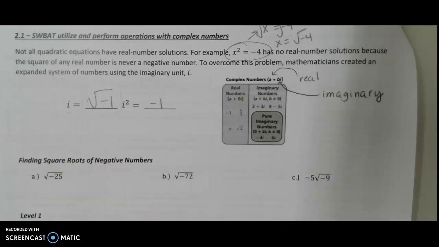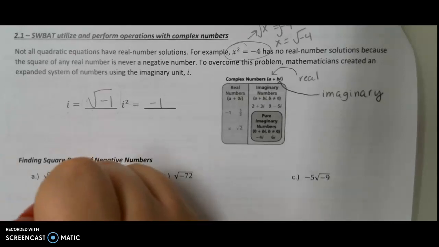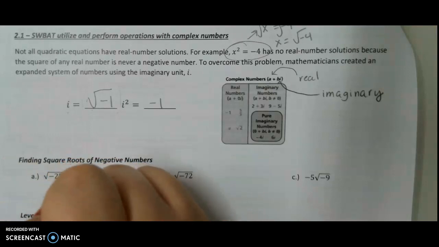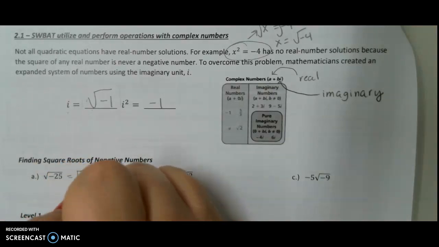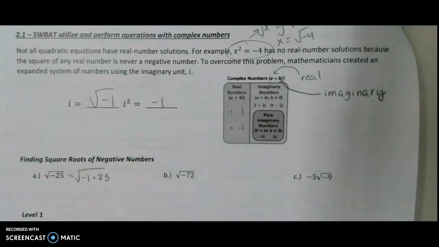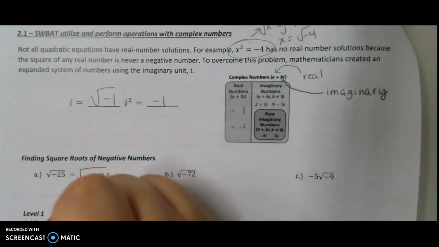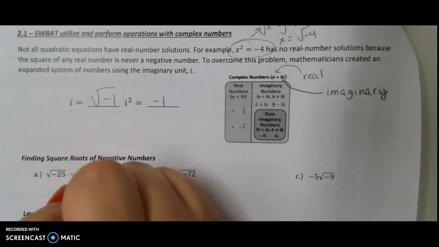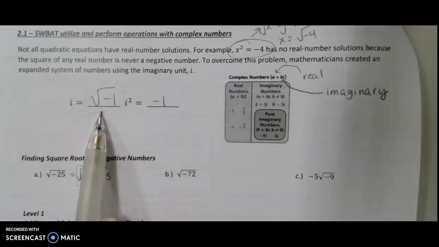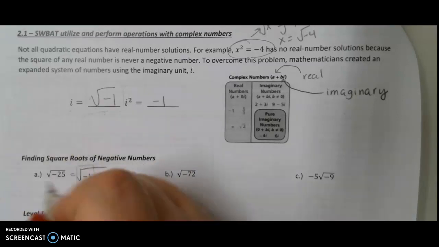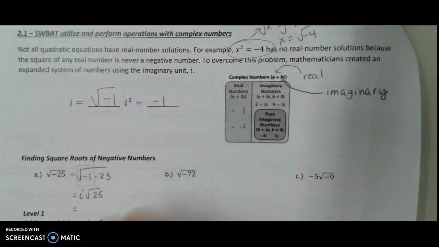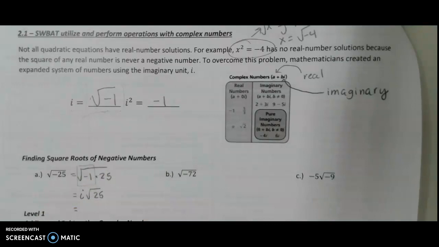So the first thing that we need to do is know how to simplify the square root of a negative. The square root of -25 is really the square root of -1 times 25. The square root of -1 is i, so I can rewrite this as i times the square root of 25, and then I ask myself, what is the square root of 25?